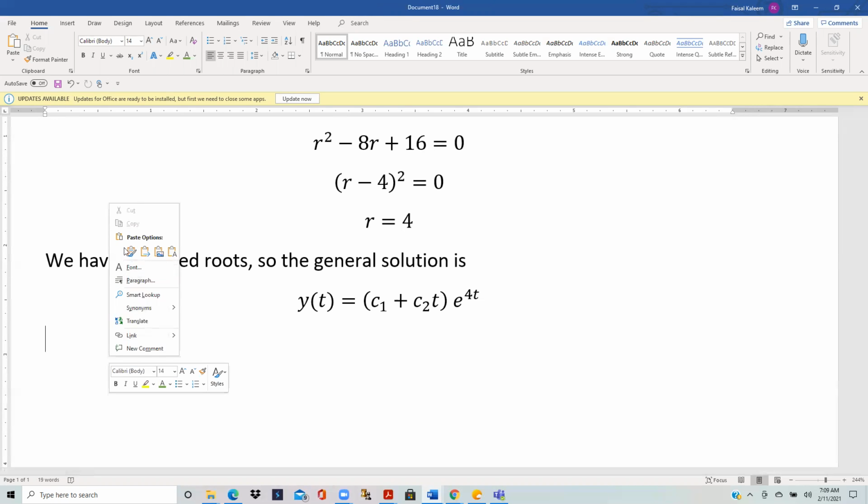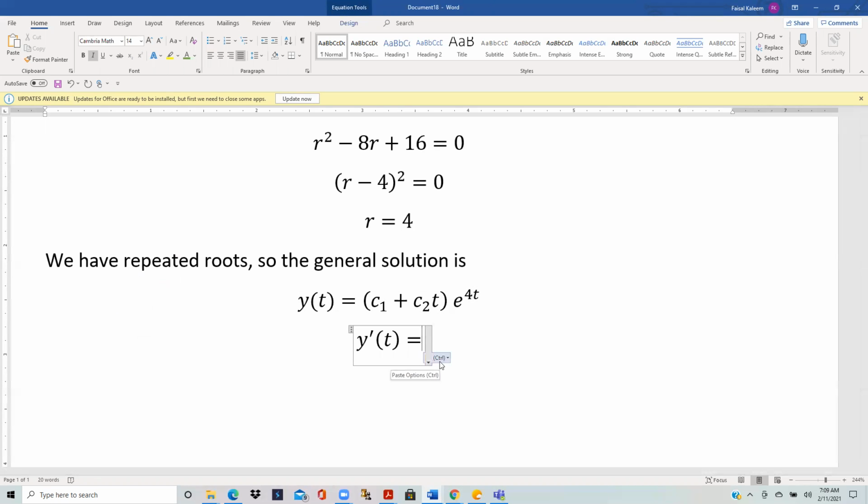So y prime t would be, we can use the product rule here. The derivative of C1 plus C2t is just C2, because C1 is constant so its derivative is 0, and the derivative of C2t is just C2. And then you keep the e to the 4t.